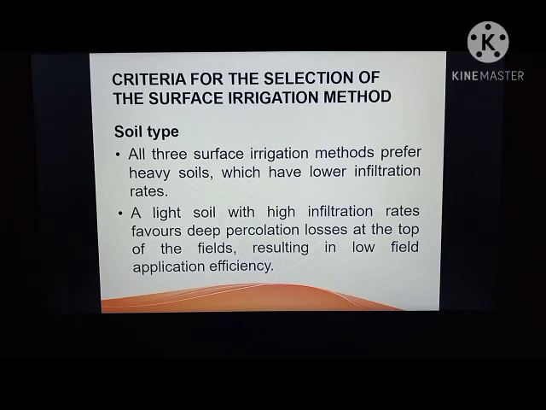In surface irrigation methods, we prefer heavy soil over light soil because heavy soil has a lower infiltration rate, while light soil has a high infiltration rate that favors deep percolation losses, resulting in low field application efficiency.